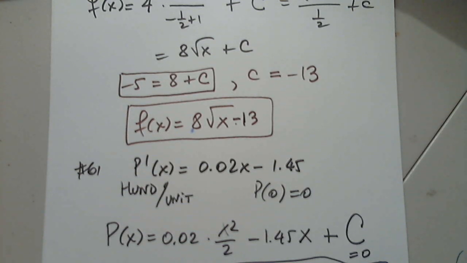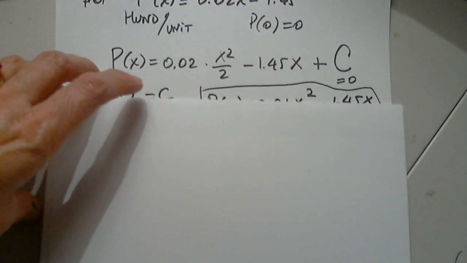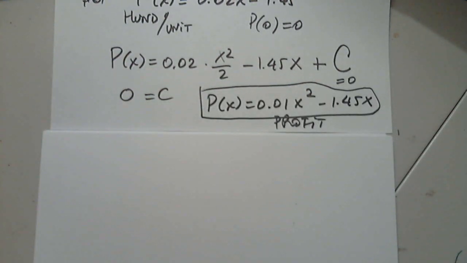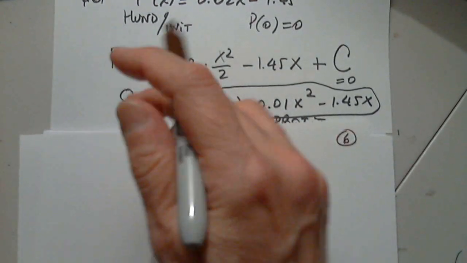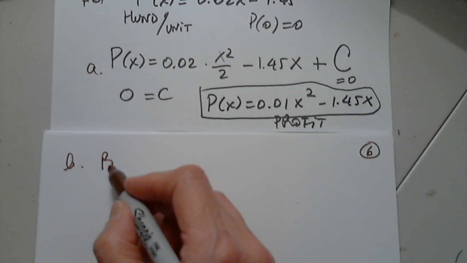How many parachutes does Eli Schutz need to sell to break even? What does that mean to break even? In other words, no loss, no gain. What did we do a long time ago to find the break-even point?